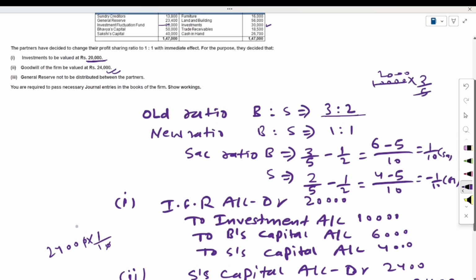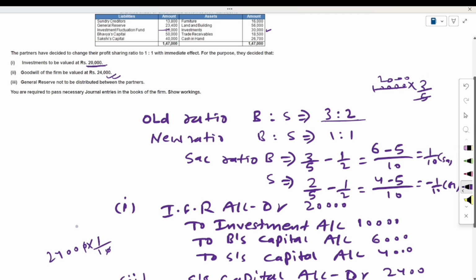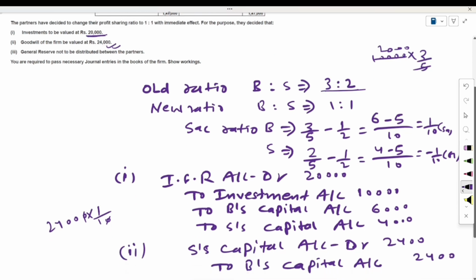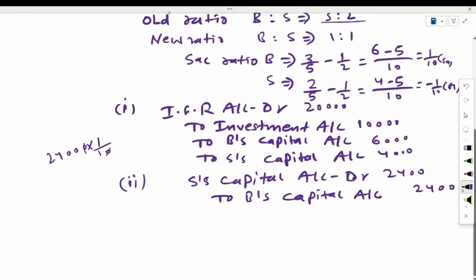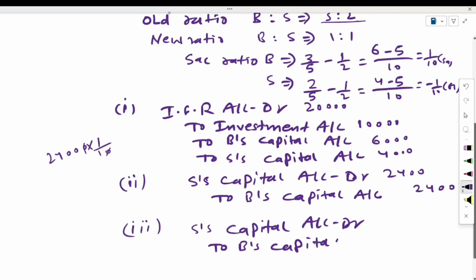What is the amount of the reserve? The amount of the reserve is 23,400. So what entry will we make? S's capital account debit to B's capital account, 1/10 of 23,400, which means 2,340.